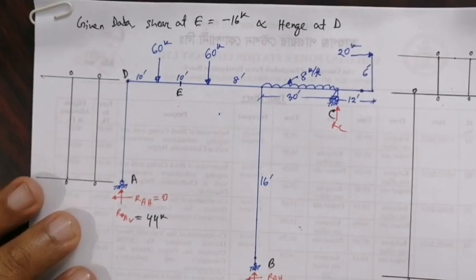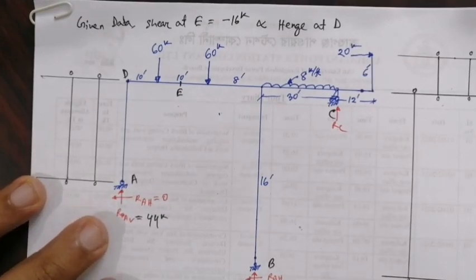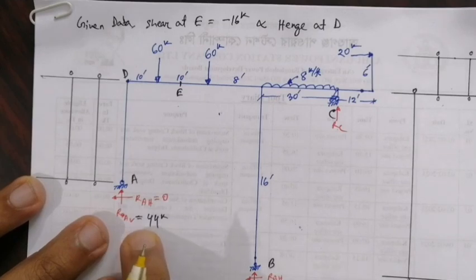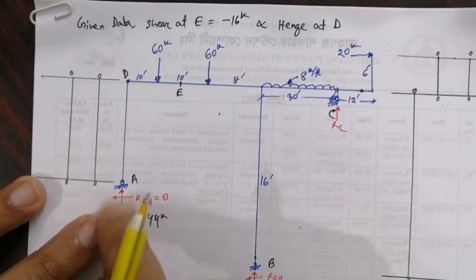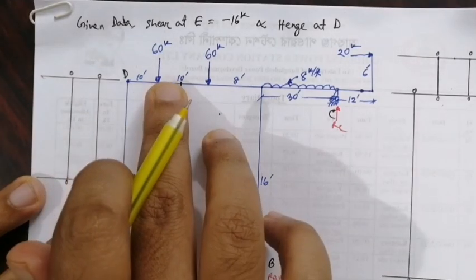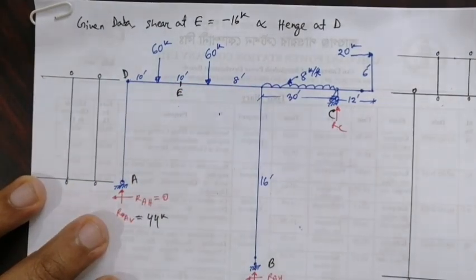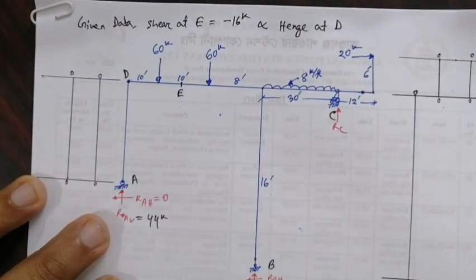So what are our forces? 44, this distance is 10, 10, 20, 28, and this is clockwise.